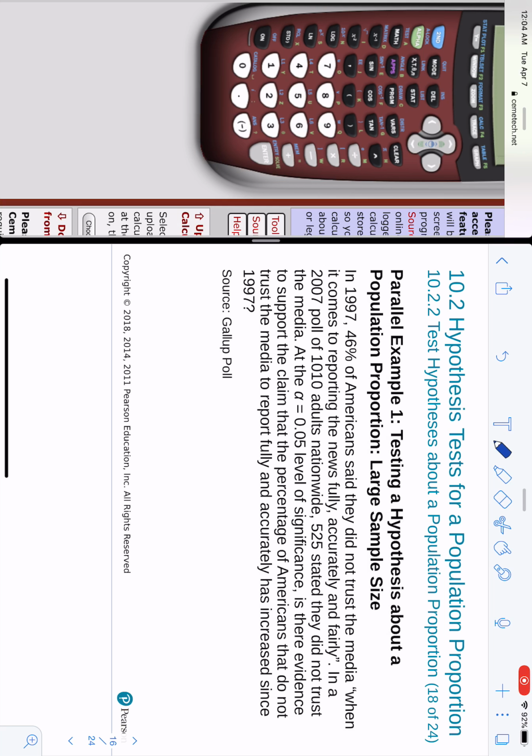So we have to use a 0.05 level of significance to determine if there is support toward the claim that the percentage of Americans that do not trust the media to report fully and accurately has increased since 1997. So we have to break the question into pieces.